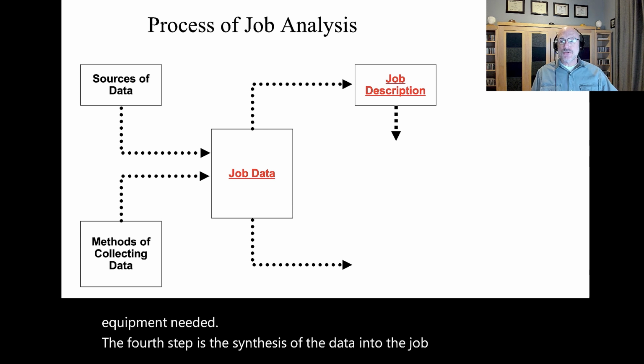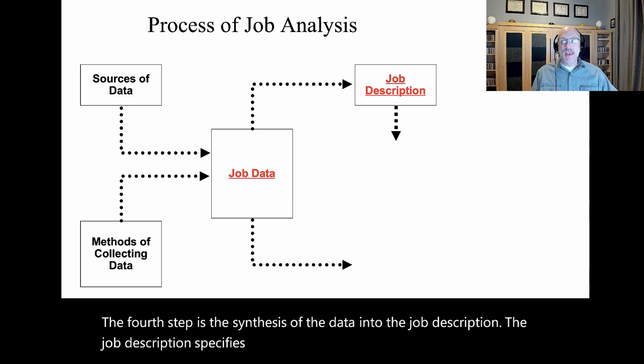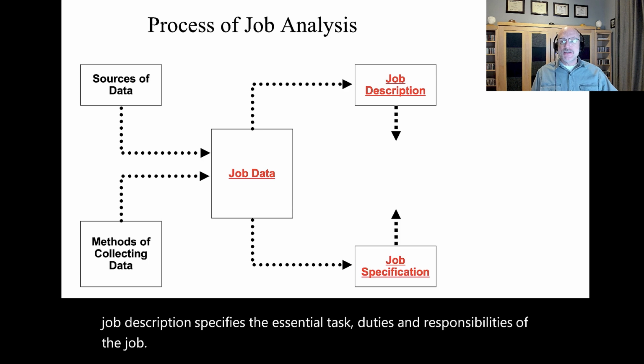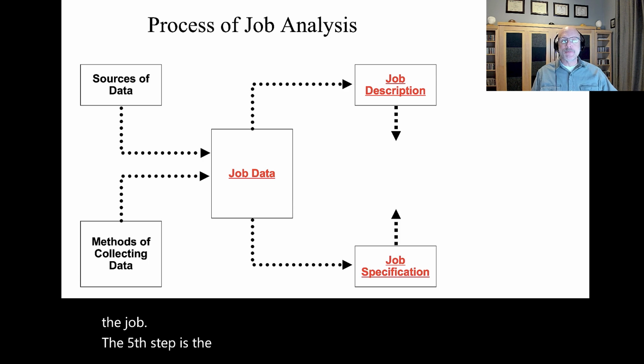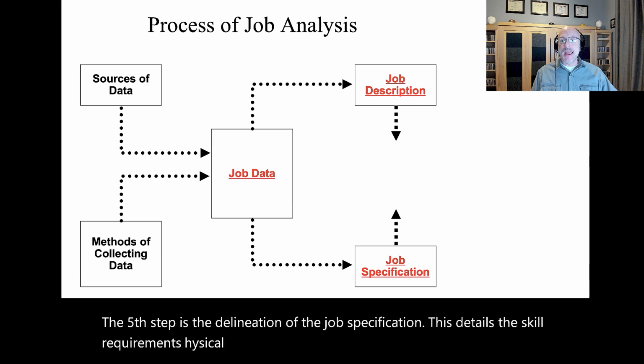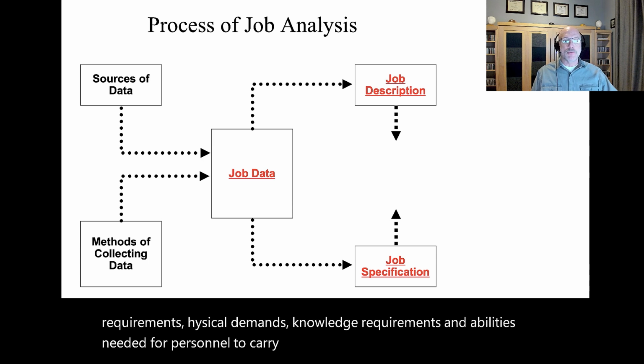The job description specifies the essential tasks, duties, and responsibilities of the job. The fifth step is the delineation of the job specification. This details the skill requirements, physical demands, knowledge requirements, and abilities needed for personnel to carry out the job description successfully.